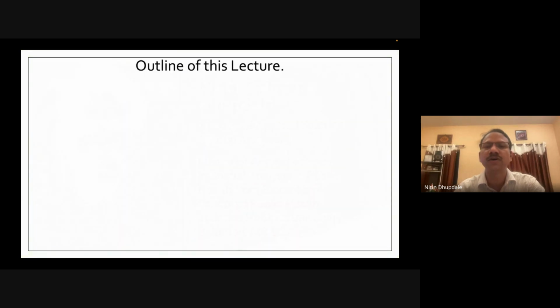The outline of today's lecture: we will try to understand why we have made a group, the WhatsApp group, and what its purpose is. Then we will see one example of a popular map in public health.